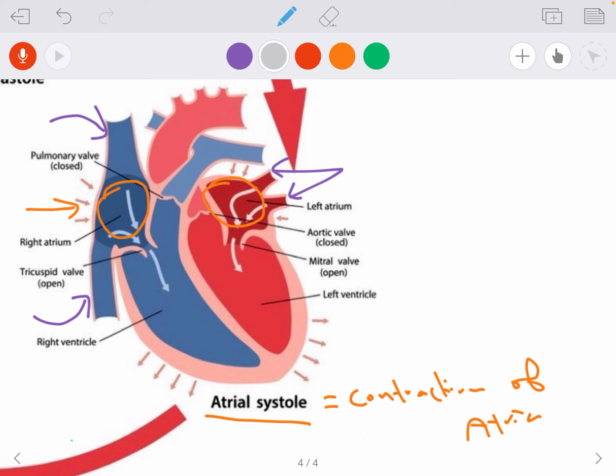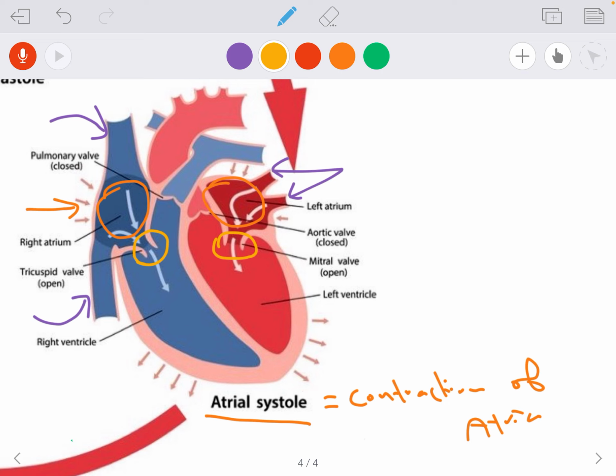During this phase, this is an important part, the two atrioventricular valves, in other words the tricuspid and the mitral valve, must be open in order for the blood to be pumped into the two ventricles. If they were closed, the blood could not be pumped to the two ventricles by the two atria.